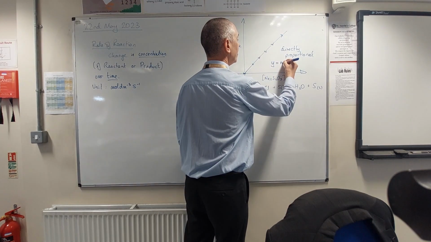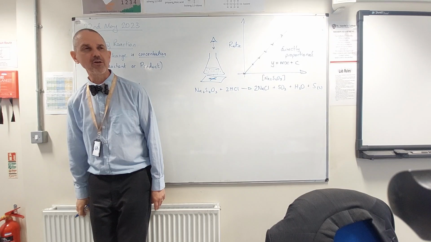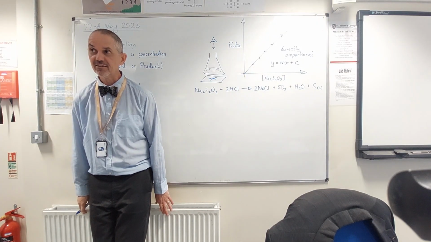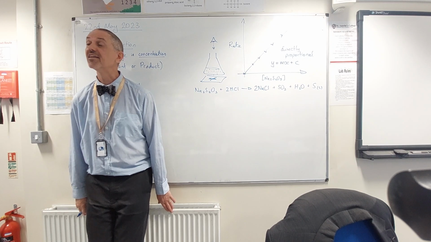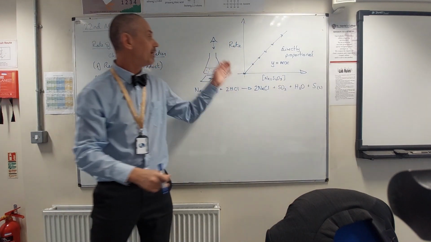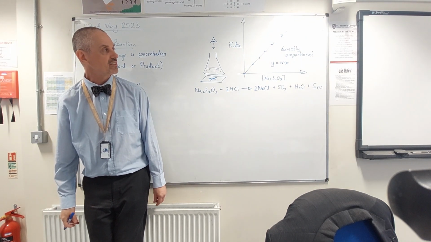We know that the equation for a straight line graph is y equals mx plus c, but if it goes through the origin, then there's no plus c because c is the y-intercept and the y-intercept is 0. So in this case, y equals mx.